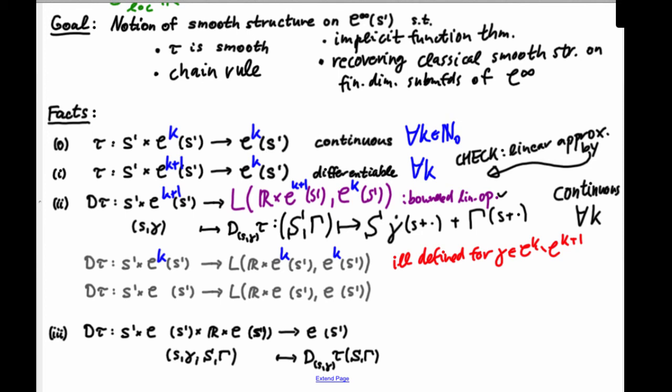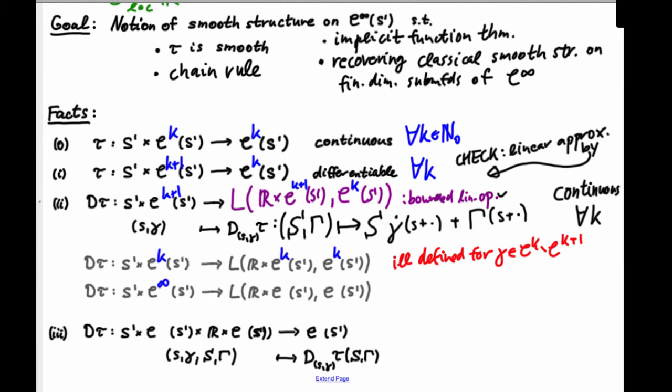So the next smart idea is to say, well, really nobody told me that I need differentiability at all the C^k things. Eventually I'm just interested in C^infinity points. So maybe I just need to look at smooth maps.